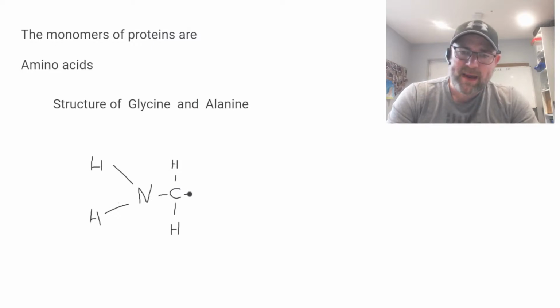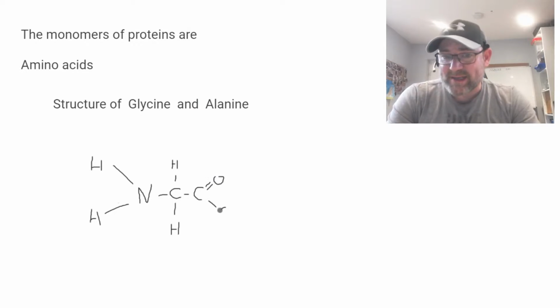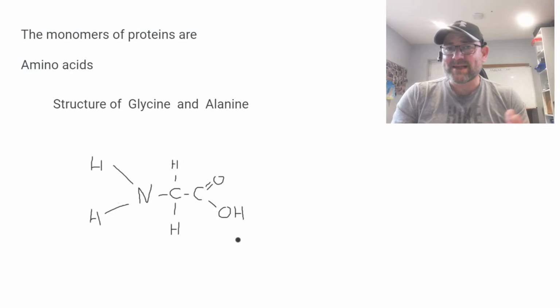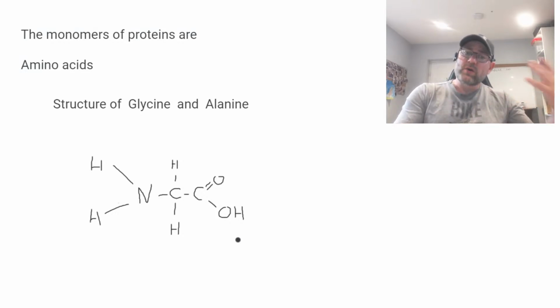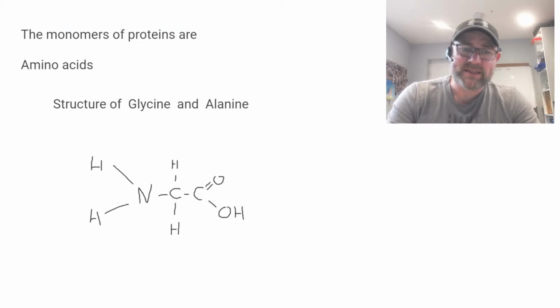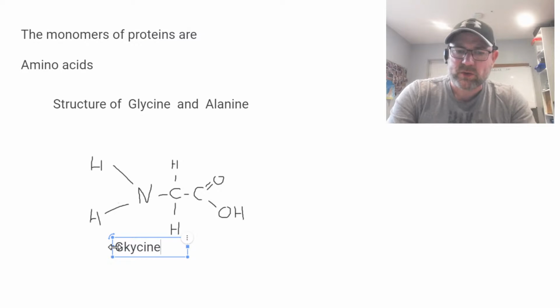They have an amine group, and then the word acid is because they contain, if you did your organic chemistry for triple science, a carboxyl or carboxylic acid group. So carboxylic acid, or you can call it a carboxyl group, and an amine. So all amino acids have that. This is the simplest amino acid that there is out there in nature, and it's called glycine.